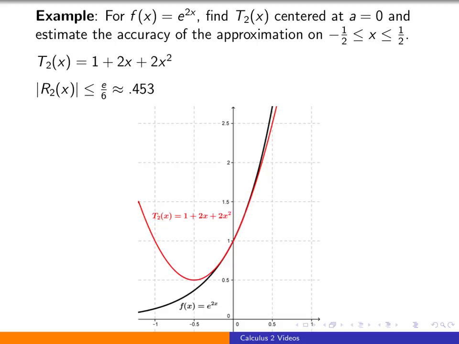So in our example, we are looking specifically from minus 1/2 up to 1/2. And what our remainder estimate, the 0.453, is telling us is the furthest those two curves will be away from each other is about 0.45. And we see, in fact, they're never that far away. It looks like they're pretty close here at their furthest. But that hopefully gives you a bit of visual intuition in terms of what our previous calculations have found.